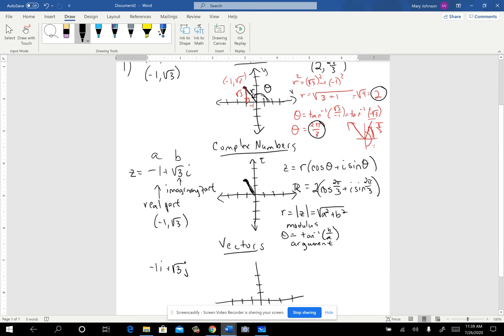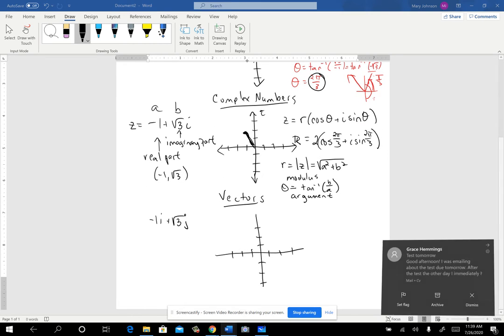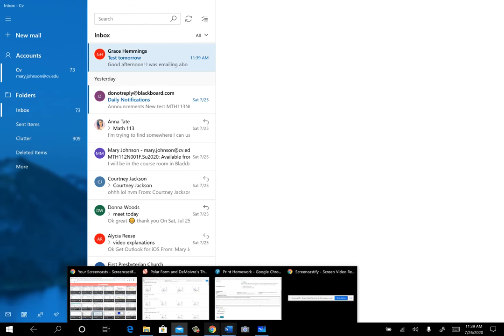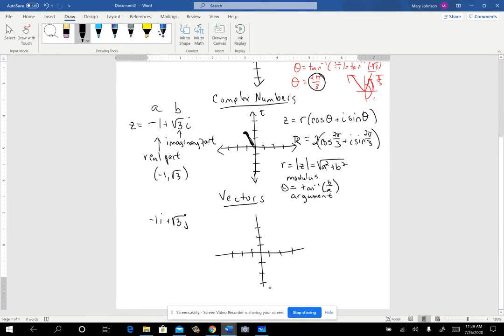All right, and then if you had something represented as a vector, you think of it a little differently. You think of it as a directed line segment. So let me get that drawn a little better.